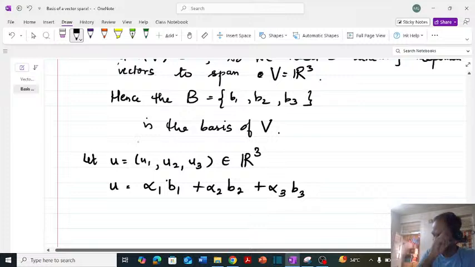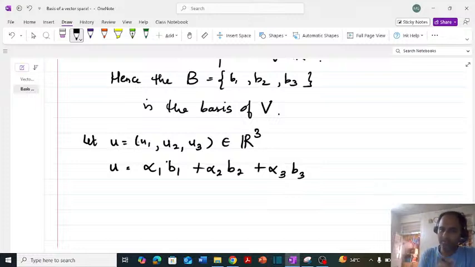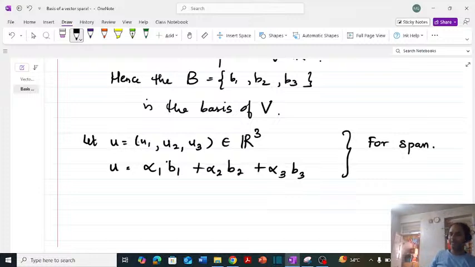We are saying that we can always find some constants alpha so that all the vectors in R3 can be made up of these three linearly independent vectors. This is what span talks about. You can avoid this, but it's okay if you write it.